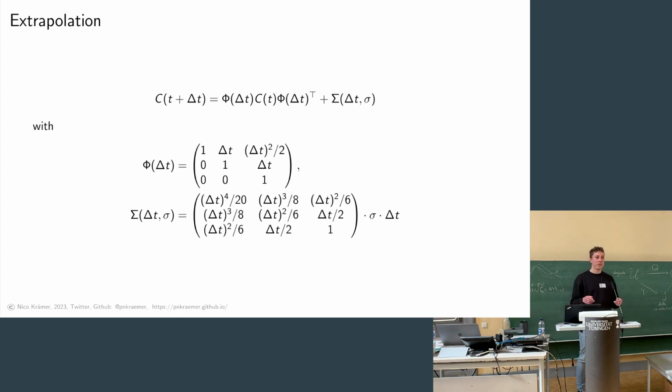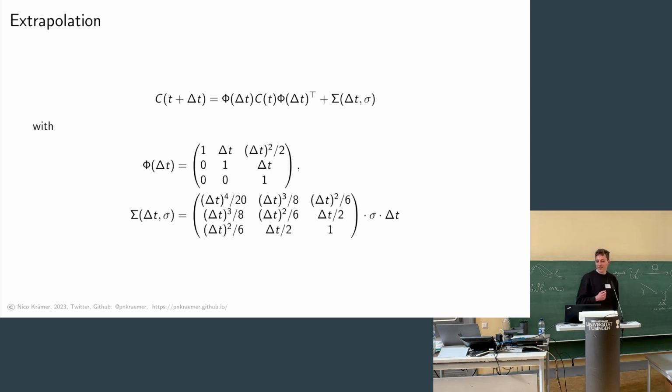Every time we're extrapolating the covariance, we're computing matrix products and sums of the form phi times covariance times phi transpose plus this process noise. That's just Gaussian marginalization with our discrete-time integrated Wiener process prior.